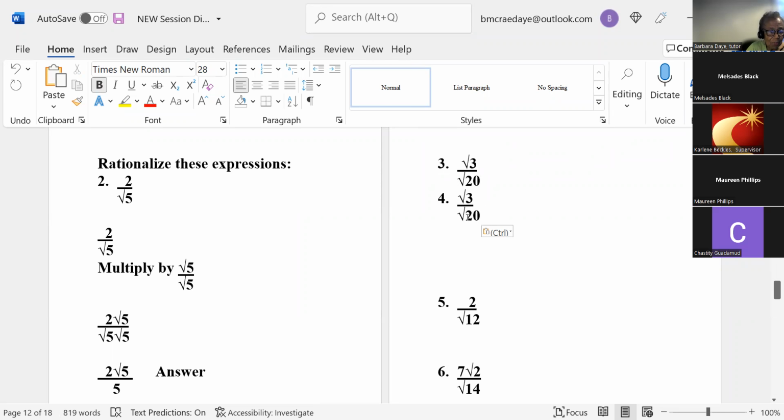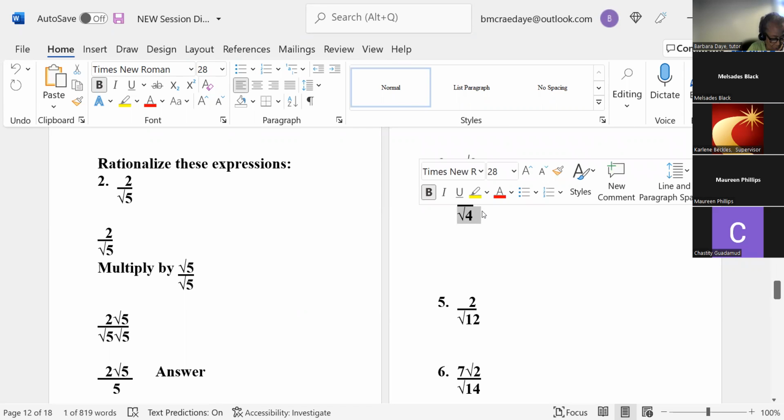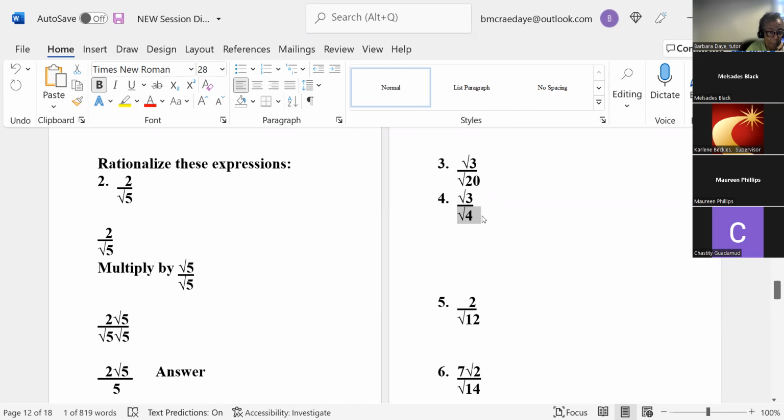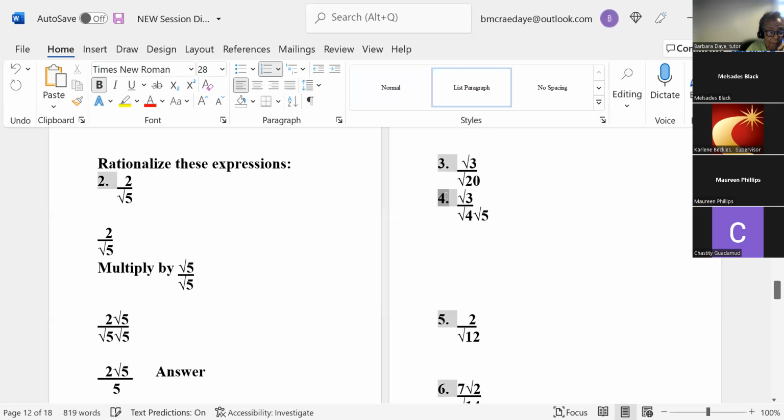All right. So this becomes square root of 4. And what follows this, Maureen? Square root of 20 factors into what, Maureen? 4 and 5. That's right, 4 and 5. Very good. So then you put square root of 4 times the square root of 5. So you have to do this first.